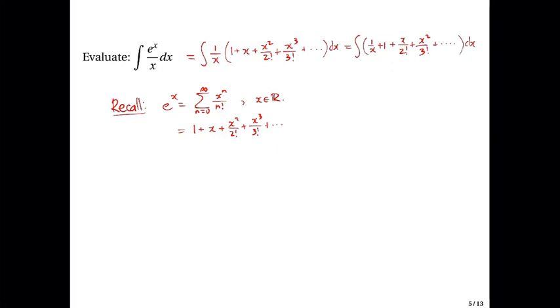So if we integrate this, we will get ln absolute value of x, okay, plus x plus x squared over 2 factorial times 2 plus x cubed over 3 factorial times 3 plus dot, dot, dot, and then you have your plus c at the end.